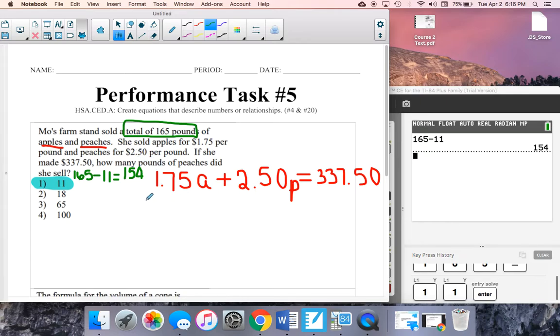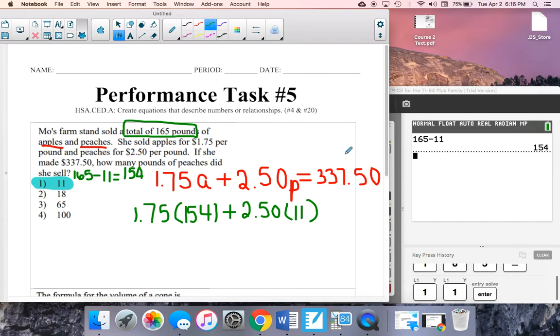So go ahead, 175 times the number of apples we think she sold, which is 154, plus $2.50 times the number of peaches we think she sold, 11.